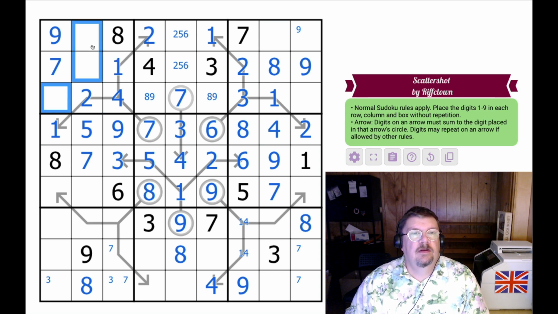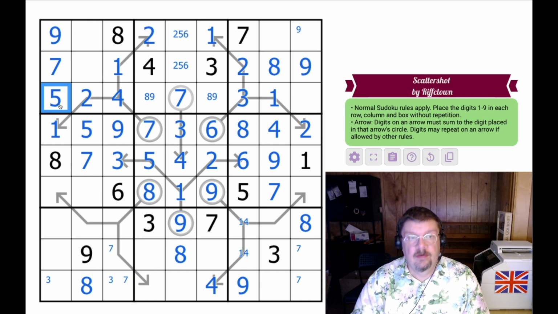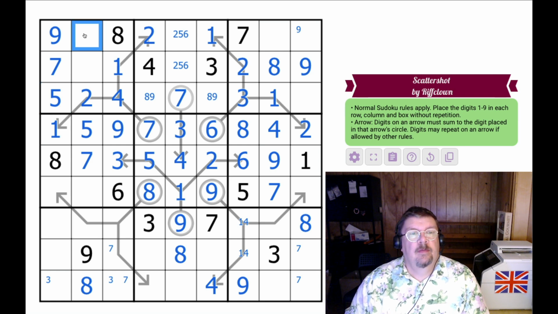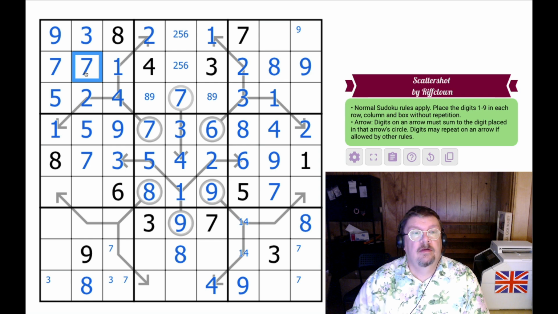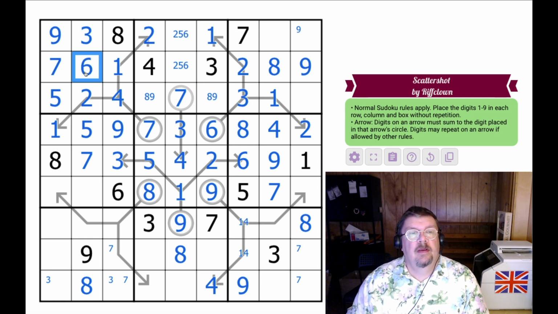These 3 digits are now 3, 5, well that's a 5. That must be the 3, and that is a 7. Nope, not a 7. 6. There we go. That looks a little better. This last digit in the row is a 6.